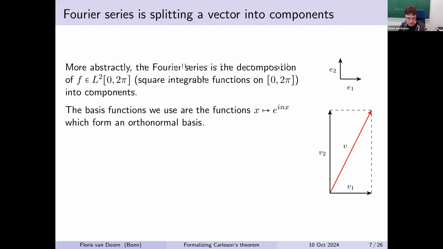So this L2 space is a Hilbert space, so it has an inner product, and the inner product is just, if you have two functions, then you multiply the functions and you integrate that.